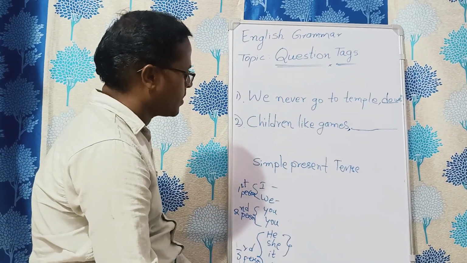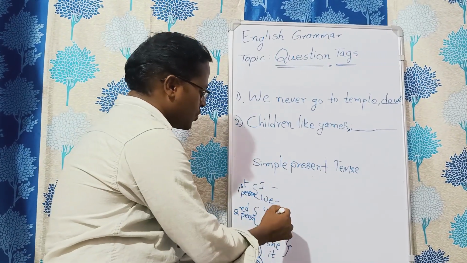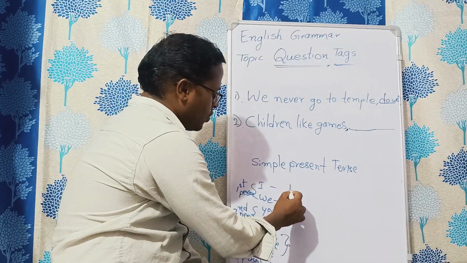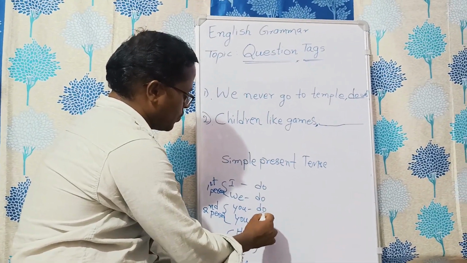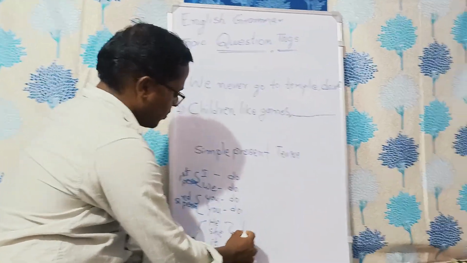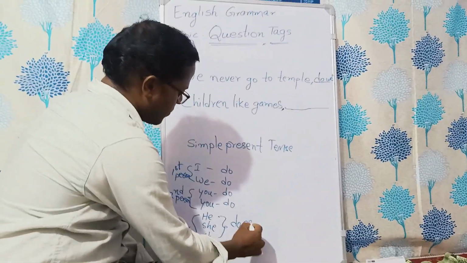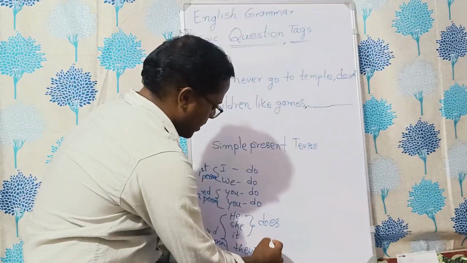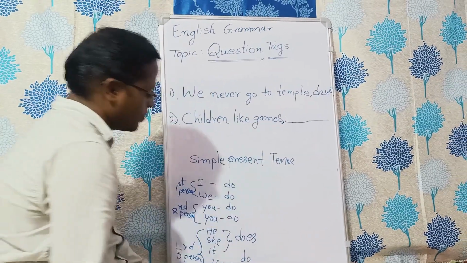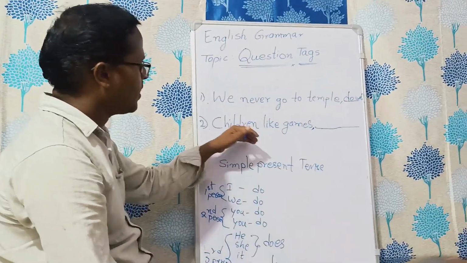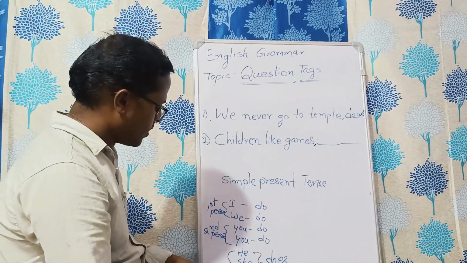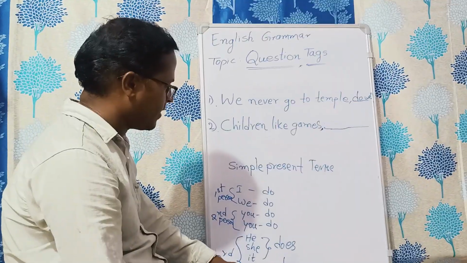In simple present tense, we have to use do for I, we, you and they, and only for third person singulars we have to use does. So "children like games" comes under third person plural, "they."